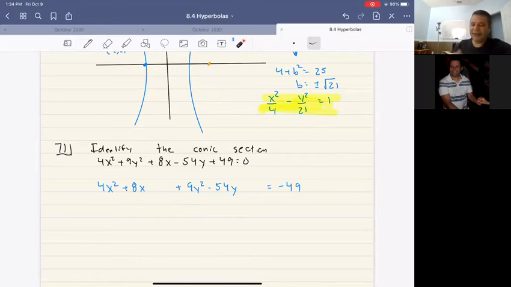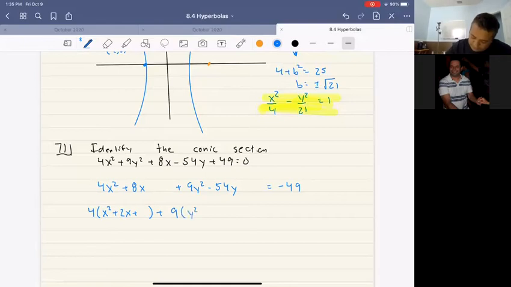Now, let's factor out this 4 from just the first two terms, leaving room for completing the square. Let's factor out that 9 from the second two, leaving room for completing the square.